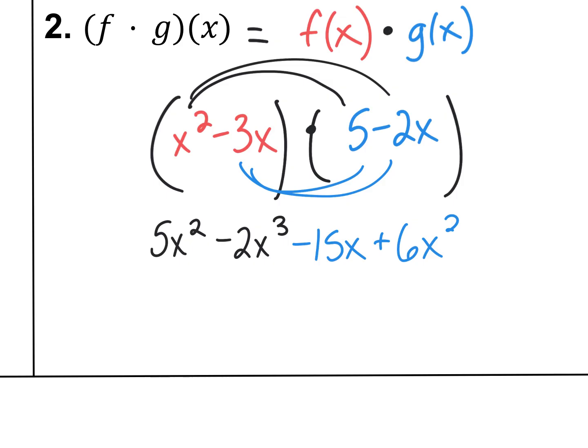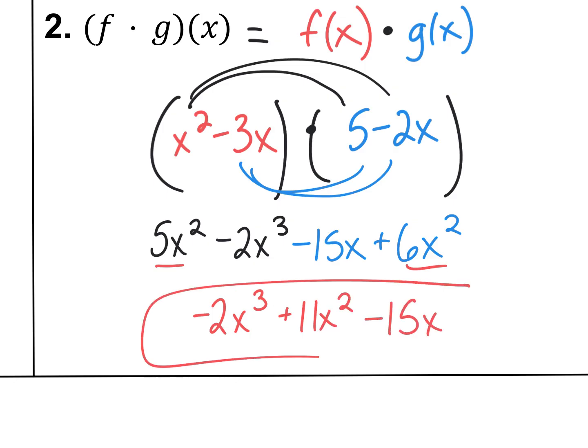Good. Okay, so what term comes first? Yeah, does he have any buddies? No. Okay, that's okay. What comes after that? 5x squared plus 6x squared. What are those going to be? 11x squared. And then this guy also doesn't have any buddies.